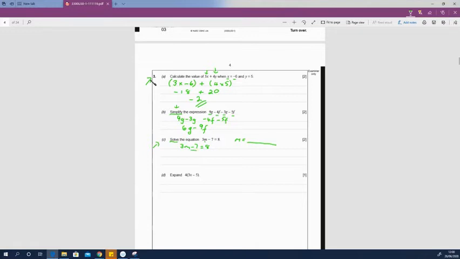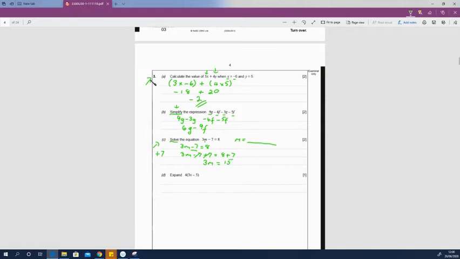The first thing I'm going to do is get rid of that minus 7. So I'm going to add 7 to both sides. So 3m minus 7 plus 7 is equal to 8 plus 7. Now minus 7 plus 7 is nothing, so that leaves me with 3m on this side. 8 and 7 is 15.